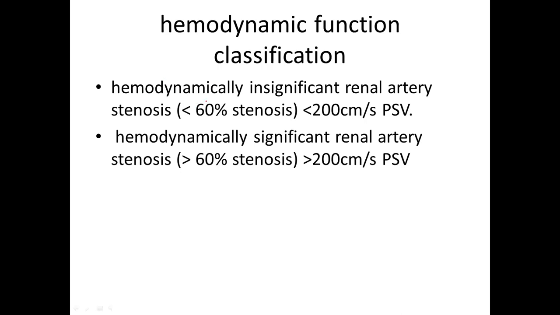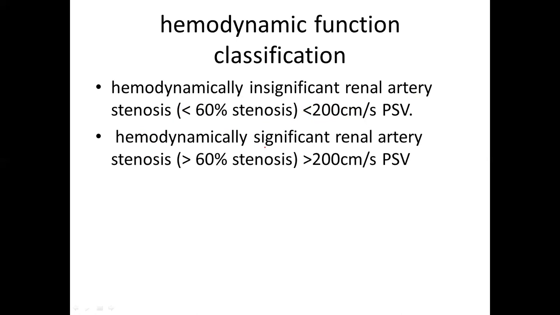After doing our evaluation, we should explain that there is hemodynamically insignificant renal artery stenosis of less than 60%, which is detected by peak systolic velocities which are less than 200. So if you see any peak systolic velocity which is more than 200 in any of the segments of the renal artery, the segmental arteries, the interlobar arteries, then you should document that the stenosis is more than 60%.